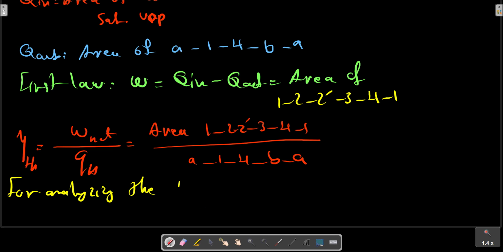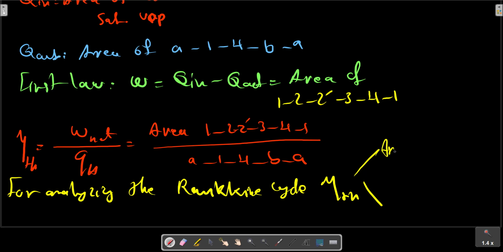Rankine cycle efficiency depends on the average T of Q in and the average T of Q out.